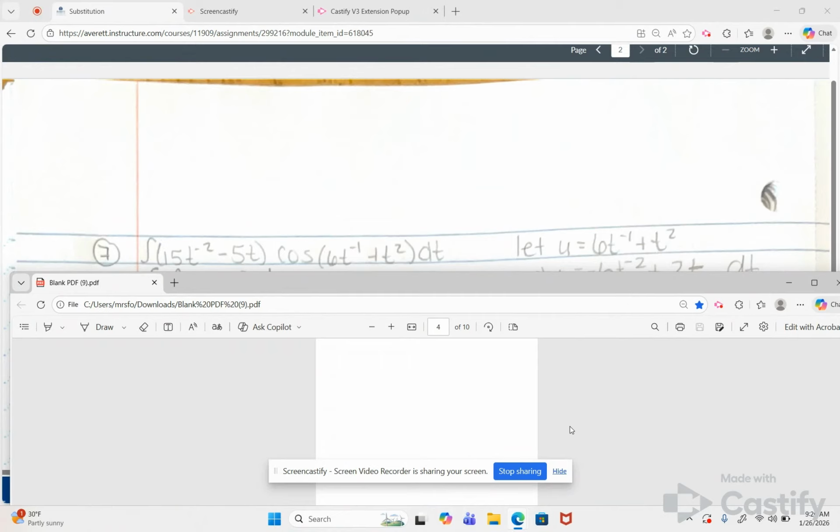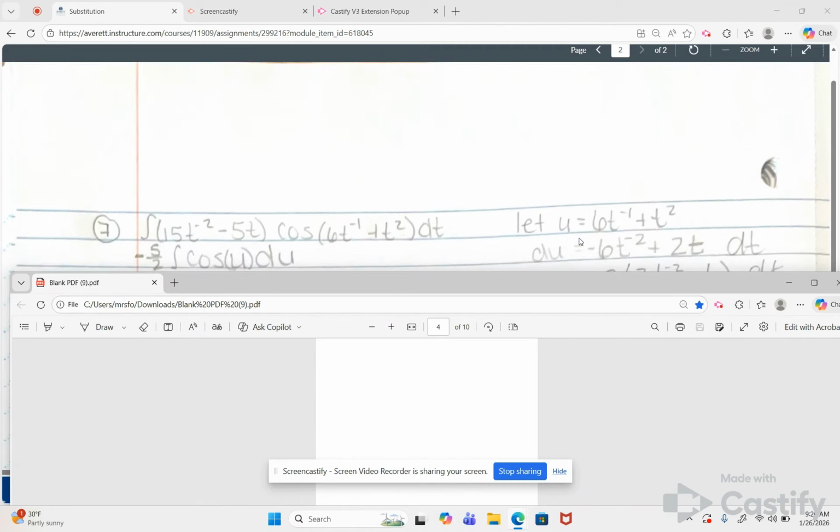Once we identify our u, we want to take the derivative to find our du. So looking at that, we have to get in the mindset of derivative, and we know that's going to become negative 6t to the negative 2 plus 2t dt.